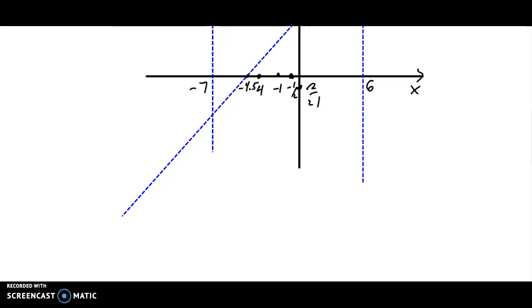That means it has to stay negative all over here. Okay. And then it's going to get closer to this asymptote, which maybe I can stretch this down a little bit. Okay, it's getting closer to that asymptote, but it's got to stay negative.